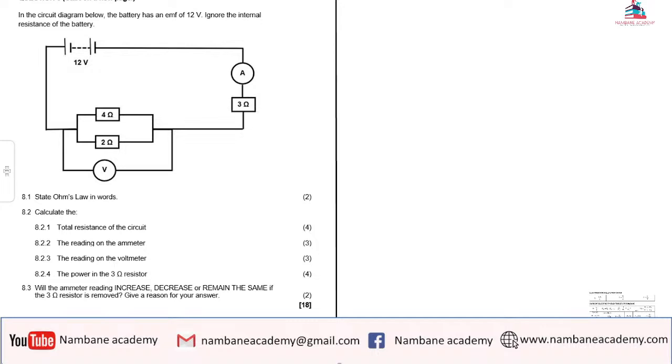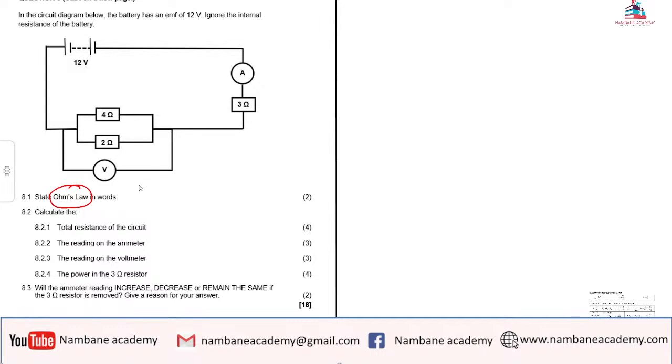With electric circuits, ladies and gentlemen, the key thing is understanding the general operation of the circuit. Basic definition or laws are there, but I'm expecting something around Ohm's law.